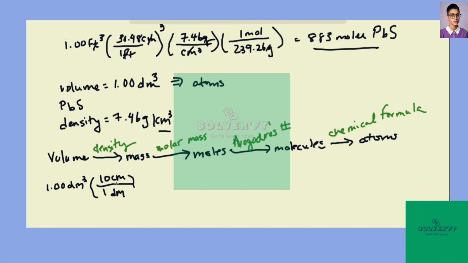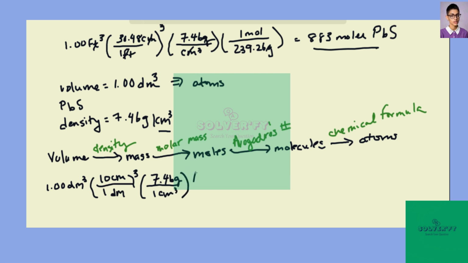We need to cube the entire quantity to change it to cubic centimeters. For mass, we multiply by density, 7.46 grams for every 1 cubic centimeter.